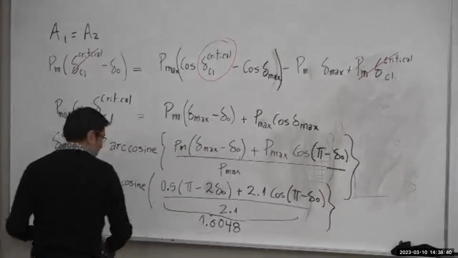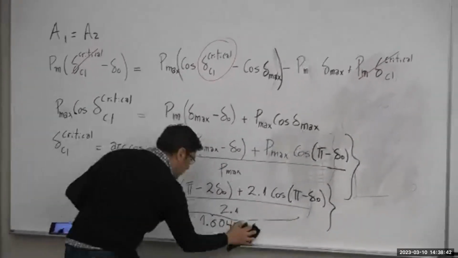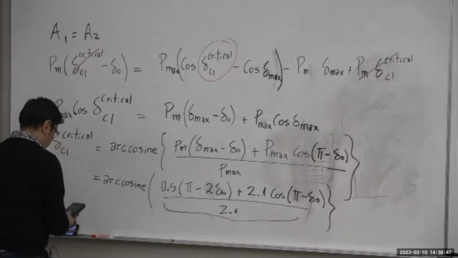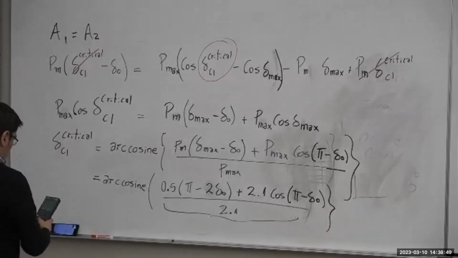So this number cannot be greater than 1. And we do it again. 0.5 pi.